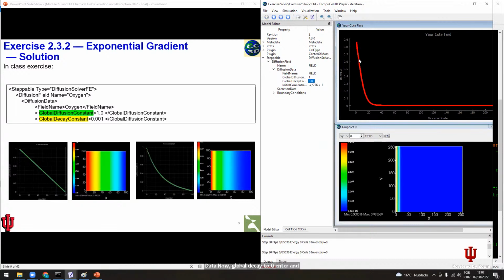So now I will get back the linear gradient, but it will take long. If I increase my global diffusion here, it should take less, but it will still take time. So let's move forward, okay?